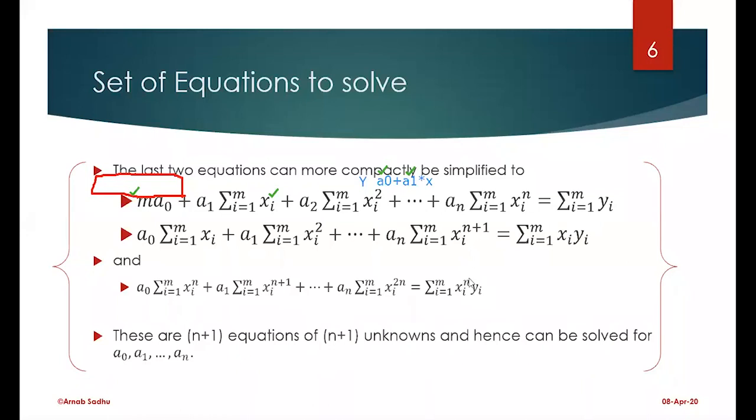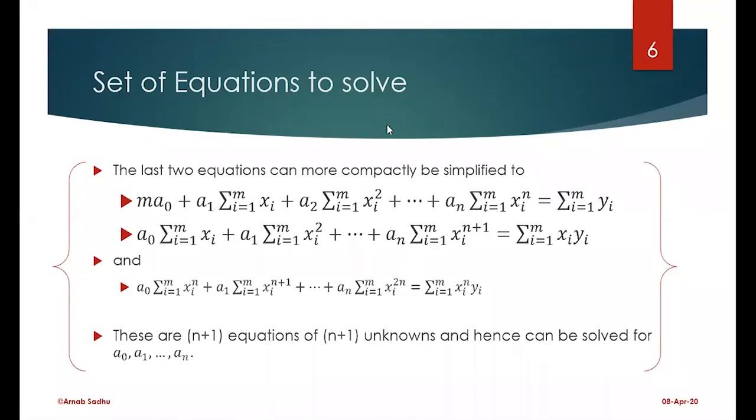So these are n plus 1 equations, and we had a0 to an, that is n plus 1 unknowns. So we can solve these n plus 1 equations to find out the values of the n plus 1 unknowns, and hence can be solved for a0 to an, that is, we can find out the values of a0 to an with the help of these n plus 1 equations.